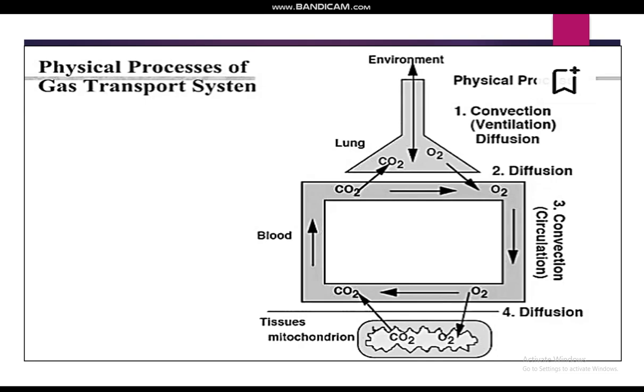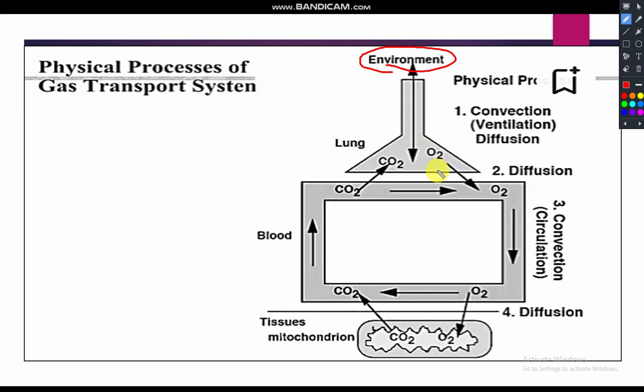This physical process of respiration simply shows you, because I wanted to show you the diagram and explain this diagram, but it didn't work out. But fortunately, the diagram is clear on the slide. What this is describing is how oxygen is exchanged or enters the lungs from the external environment.